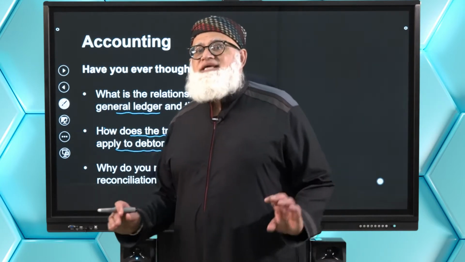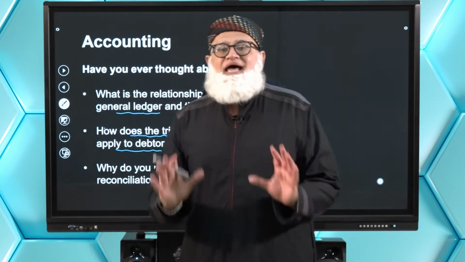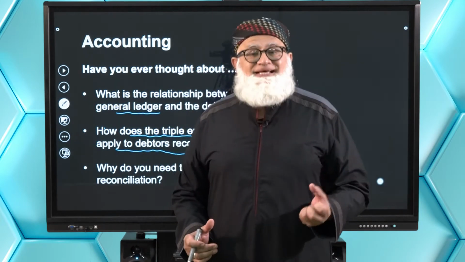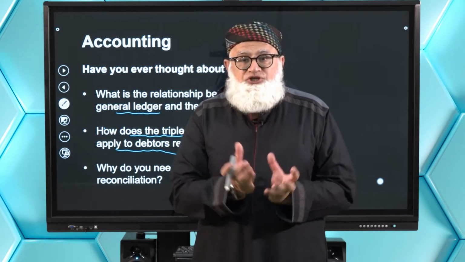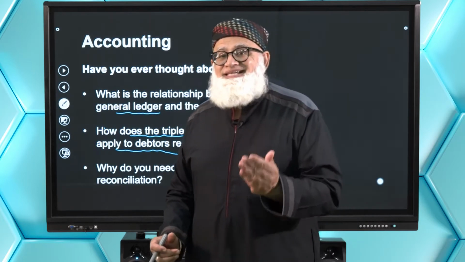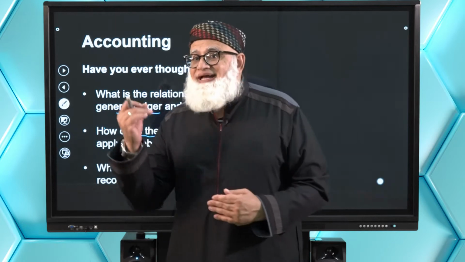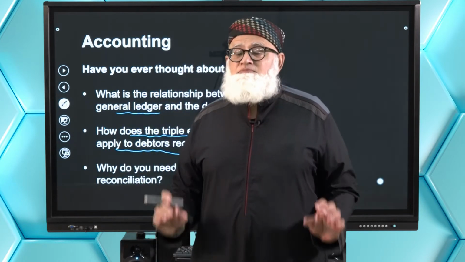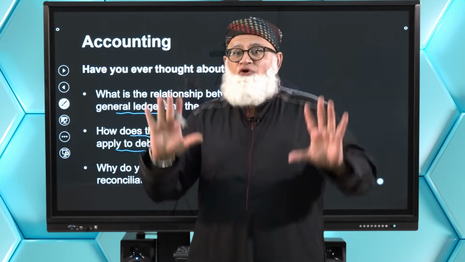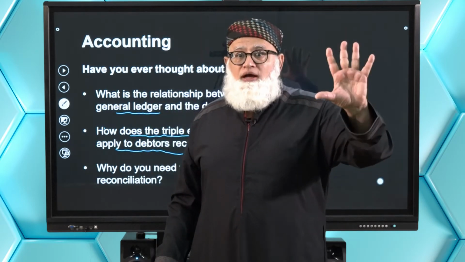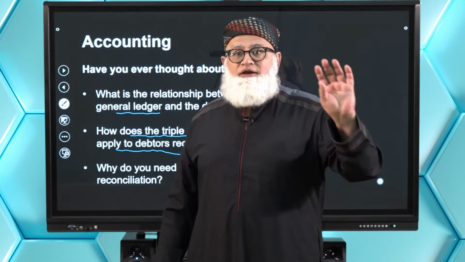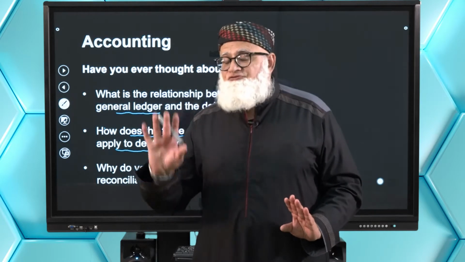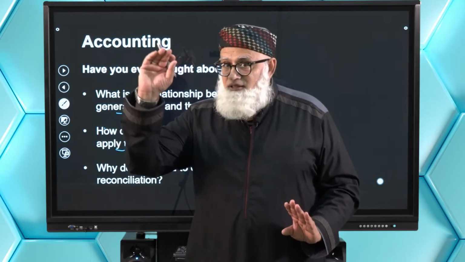What are we reconciling? We are reconciling the debtors control account as it appears in our general ledger with the debtors list, which is an extract of our debtors ledger. Keep that in mind. Keep that as your main focus. Debtors control account, where in the general ledger, and your debtors list, which is an extract from your debtors ledger.